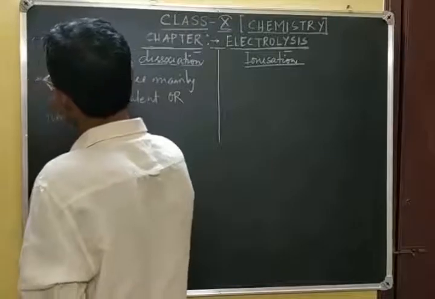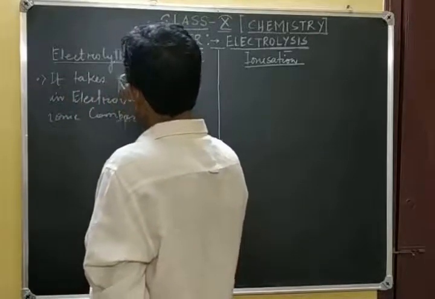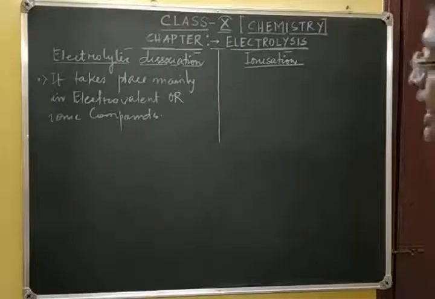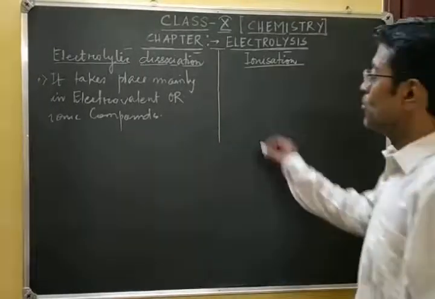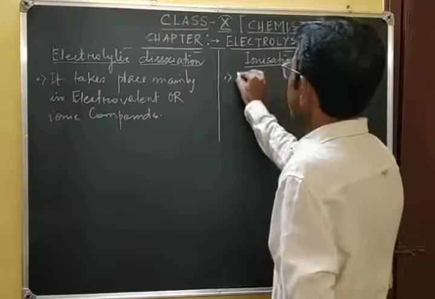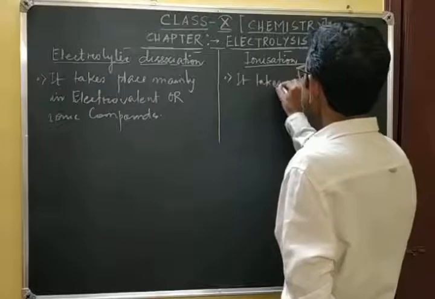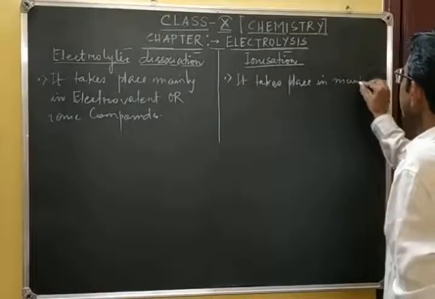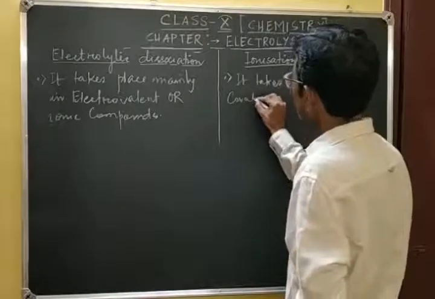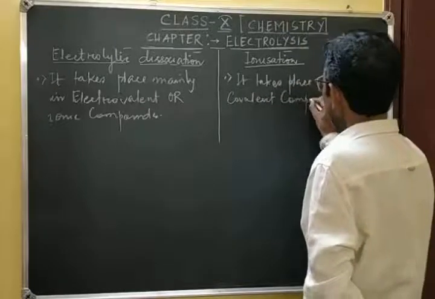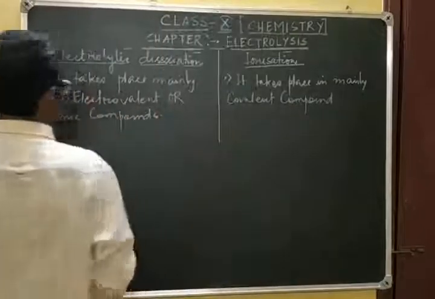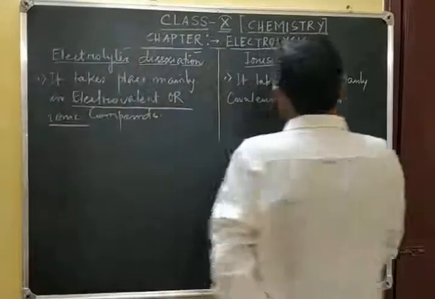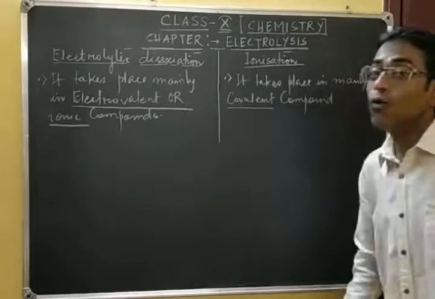Remember, ionic compounds. And ionization, which means formation of ions, takes place mainly in covalent compounds. So the basic difference is that dissociation is in electrovalent or ionic compounds, while ionization takes place in covalent compounds.